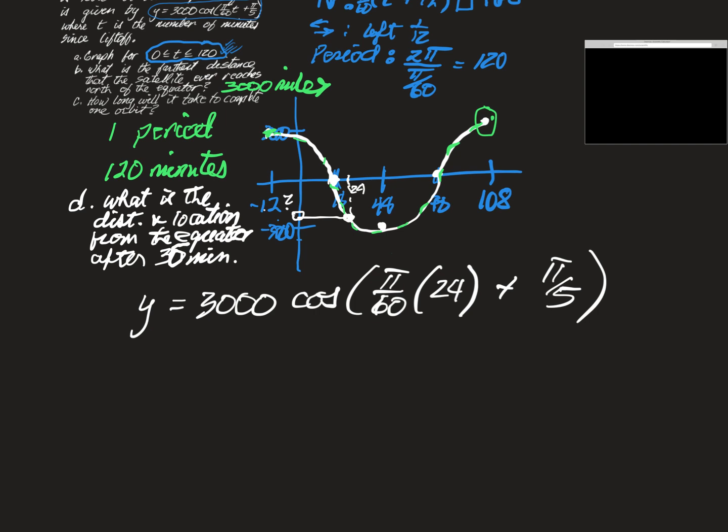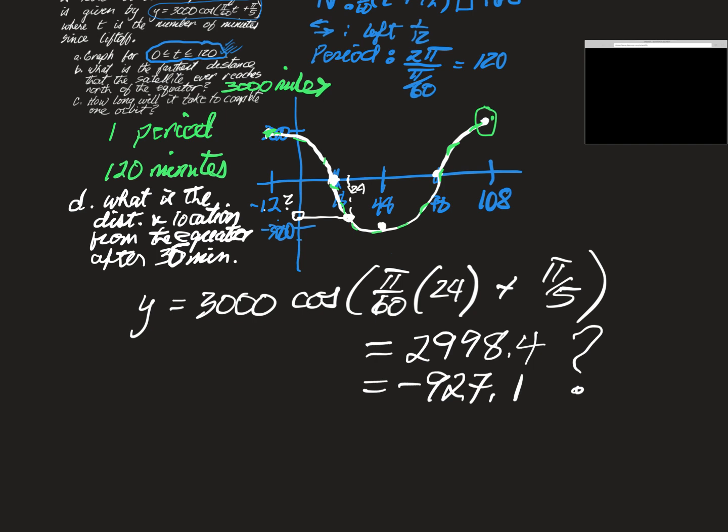Okay, so I did that on Desmos, and I got 2,998.4, and I just did it on my calculator, and I got a negative 927.1. So the question is, which one's right? Or do you remember something that you have to remember?